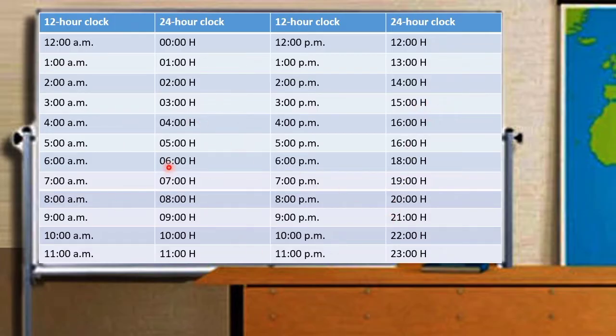So kung i-observe mo, mula dito kay 1 AM hanggang dito kay 12 PM, same lang siya. Kinokopya lang and then pinapalitan lang ng H yung AM or PM. And dun sa mga oras na 1 digit lang yung before the colon, dinadagdagan lang ng 0 sa unahan. Like dito kay 1 hanggang kay 9.